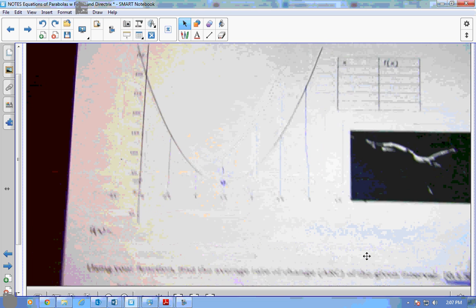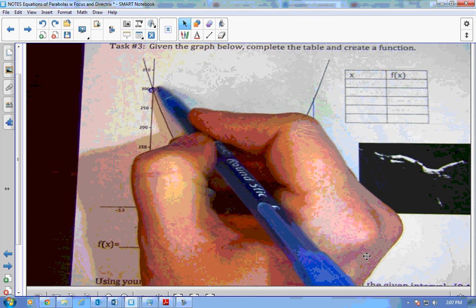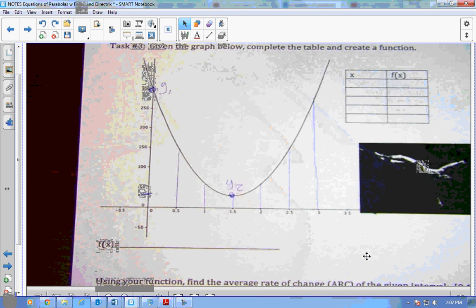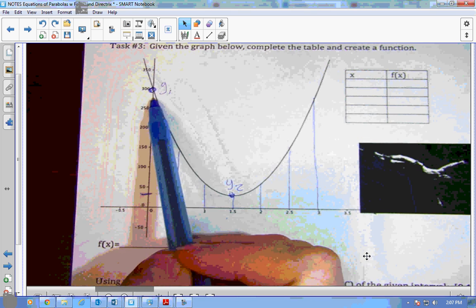Minus, what's the y at 0? Because that's y1. What's that y?